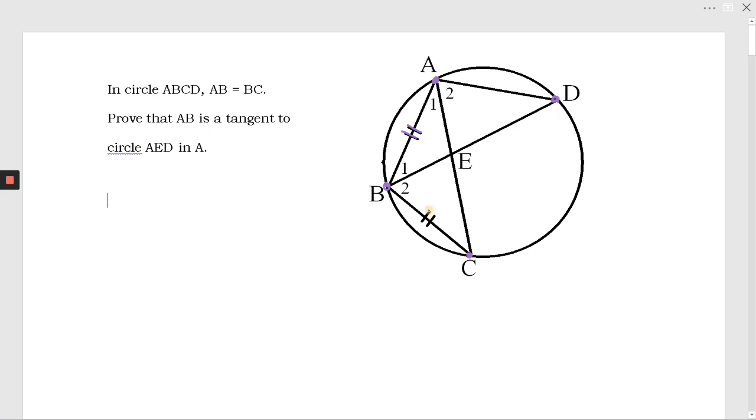I'm going over it again, and I'm looking at a corollary here to angles in the same segment, which is equal chords, equal angles.